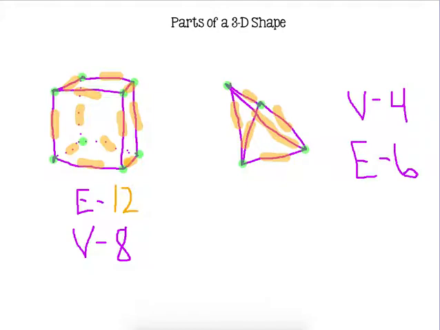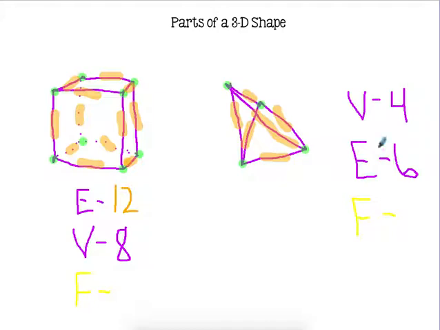And the last thing that we have to worry about when we are talking about 3D shapes are faces. And faces are the flat parts, the parts that you can see. We didn't talk about these in 2D shapes because the only face you see is the one.